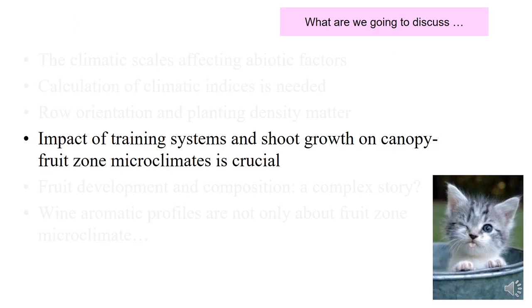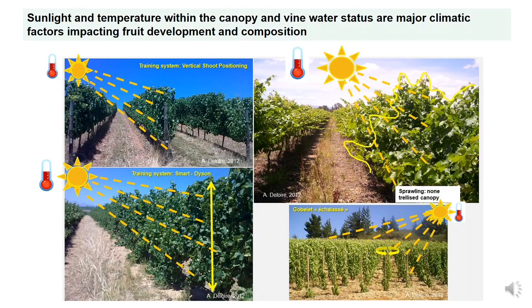A few words now on what we call grapevine training systems. Grapevine is a liana, which allows the creation of quite a lot of training systems. There are more than 40 of them currently in the world.